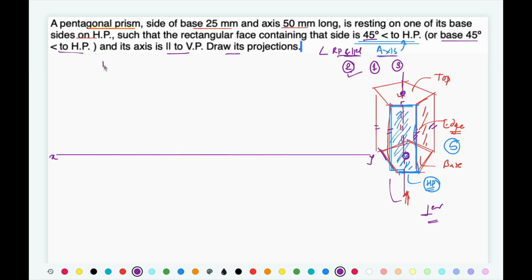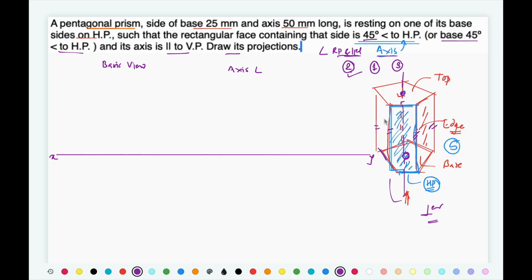The first step is called the basic view, and the second step is called the axis inclination. Now to draw the basic view, in case of projection of solids, what we are supposed to do is identify the resting reference.